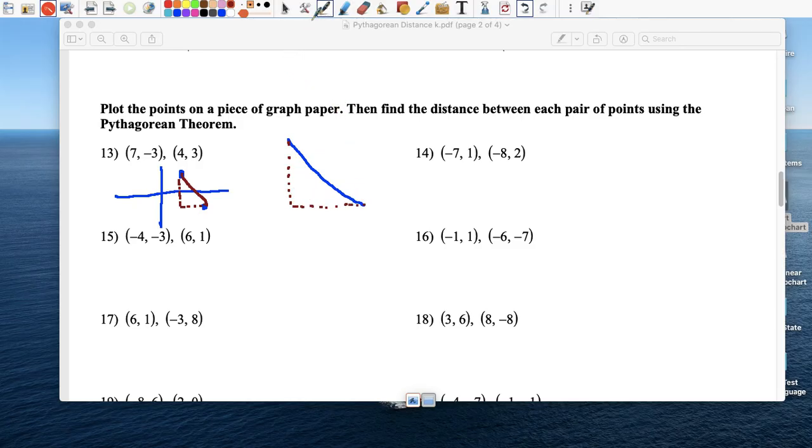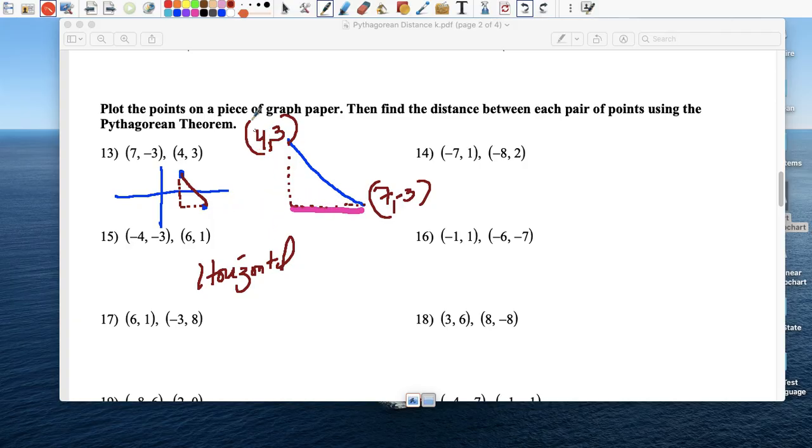Now let's look at the points. This point here is 7, negative 3, right? And this point is 4, 3. Now if you want the horizontal distance, which is from here, I'll put it here like this. If you want this distance over here, it's the distance between the x values.